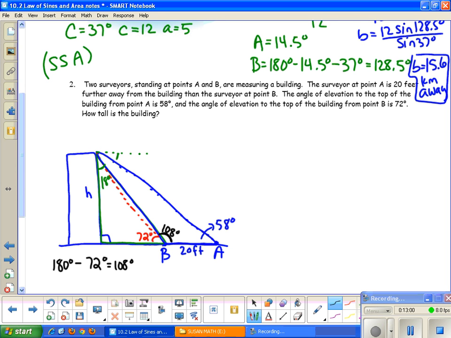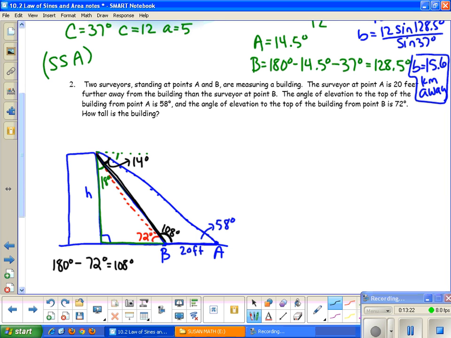Now if I know that, then I can figure out what this angle up here is, again using the triangle sum theorem. If I figure out this little angle right here, I get 14 degrees. That helps me because I can then figure out this common side between the two triangles, to help me figure out the height of the building.